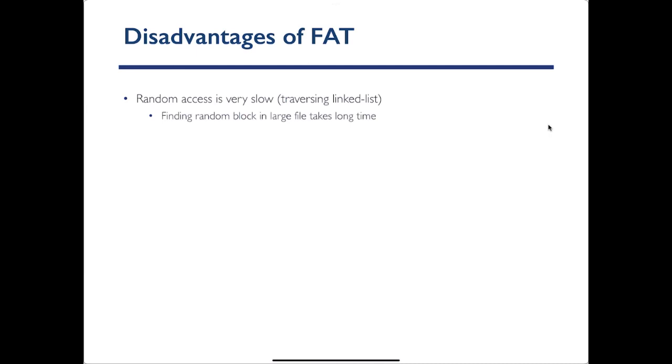This basically means that you have to go through your first block, your second block, your third block, and then search through your linked list until you find the block that you're interested in. So searching through the blocks of your file is order of the number of blocks in your file. That's expensive, especially if you have a large file. It's order of n if you have n blocks.